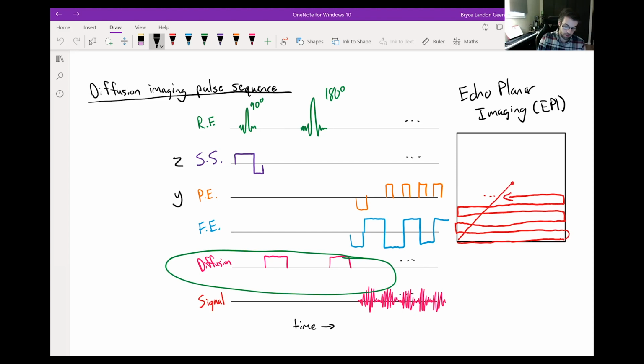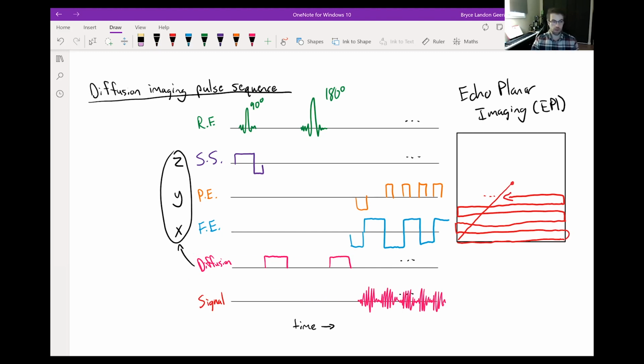The phase encoding is conventionally in the Y direction, and frequency encoding is in the X direction. So in reality, this diffusion line is a combination of all three of these coils, and the amplitude of the field they create determines the vector that describes our diffusion weighting direction.